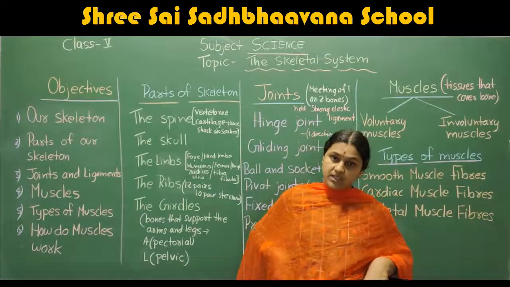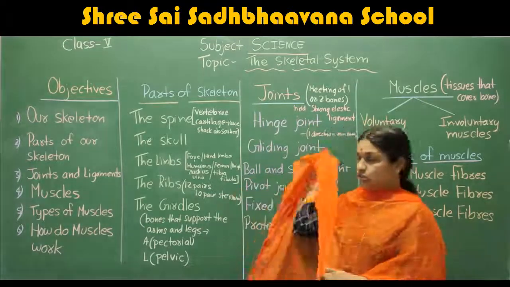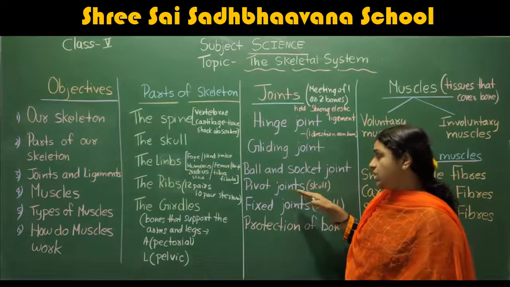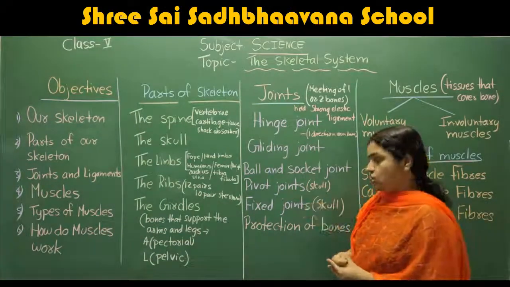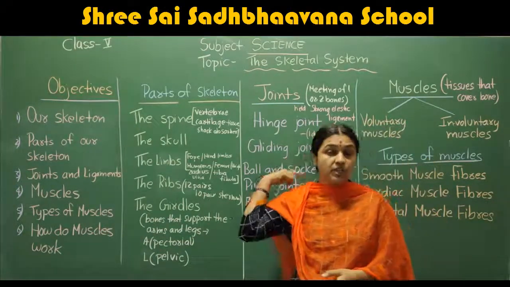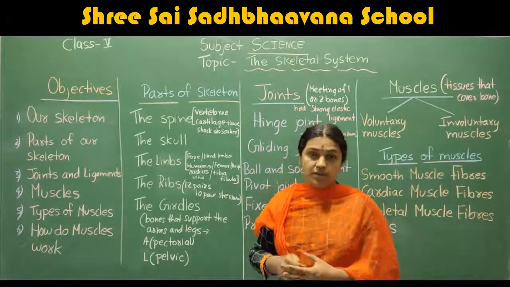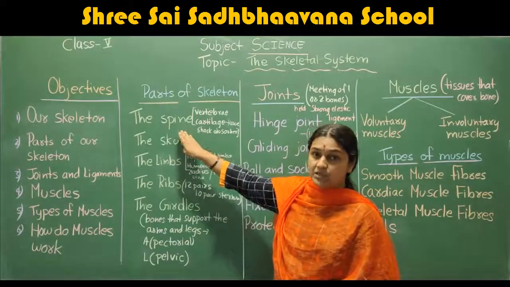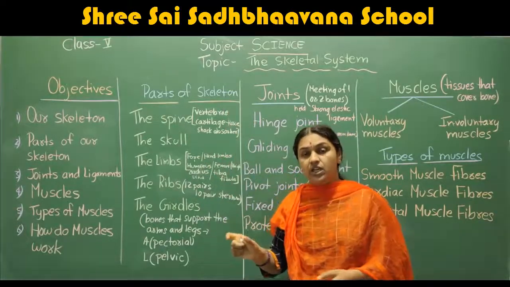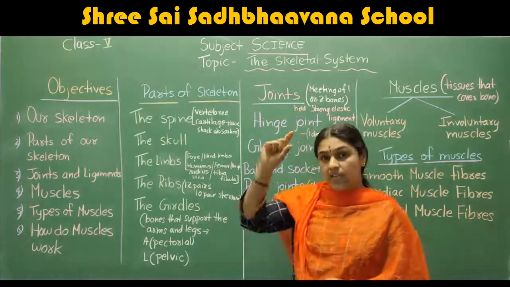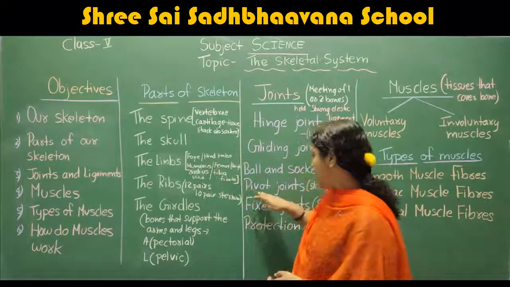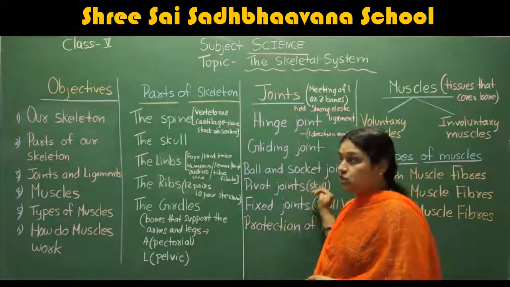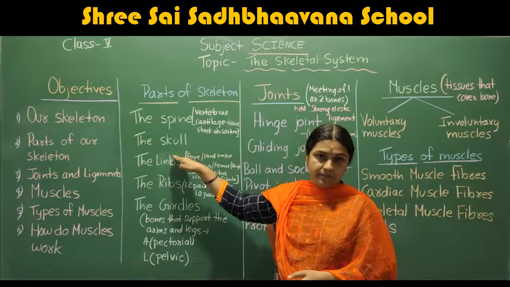And then we have the pivot joint. These joints are found in the first two vertebrae. I hope you remember that when we spoke about the spine, which is made up of 33 vertebrae, in the first two vertebrae we have the pivot joint, which joins to the skull.